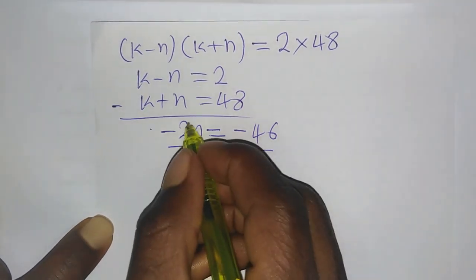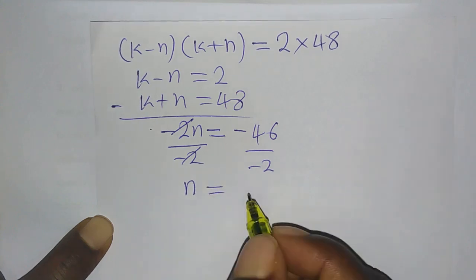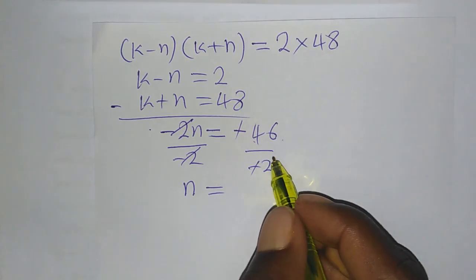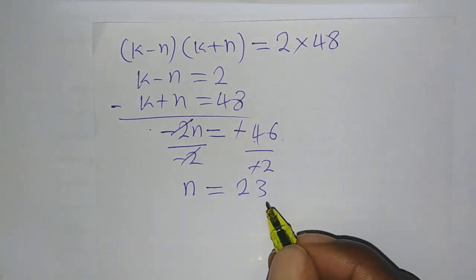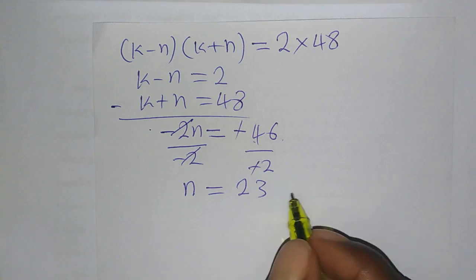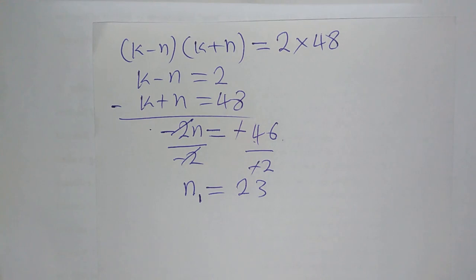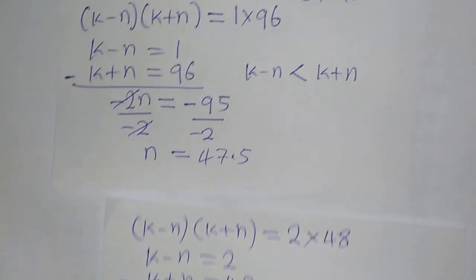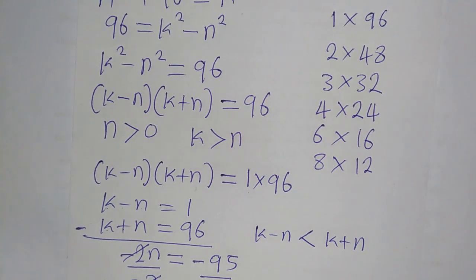We are going to have n equal to 23. This is a positive integer, then this is our first value of n. Then we move to the next factor again in order to get the remaining values of n.